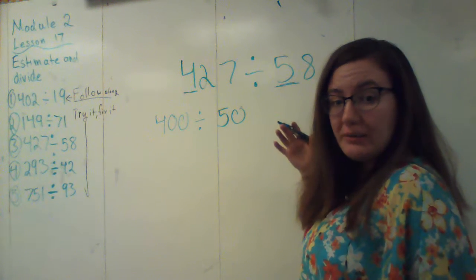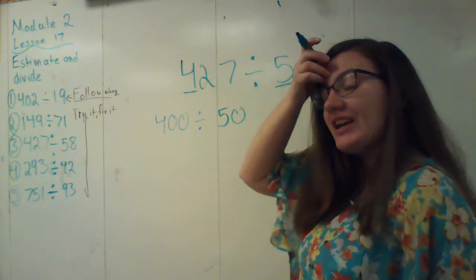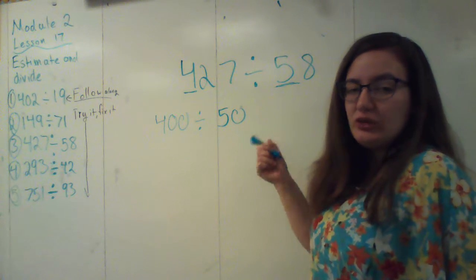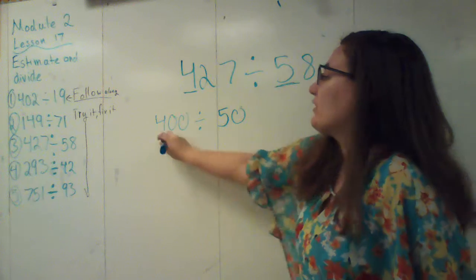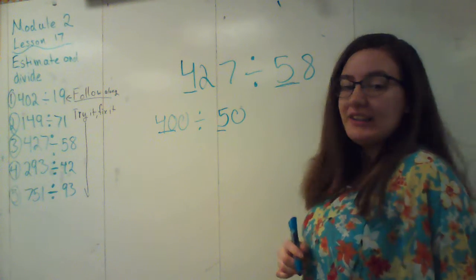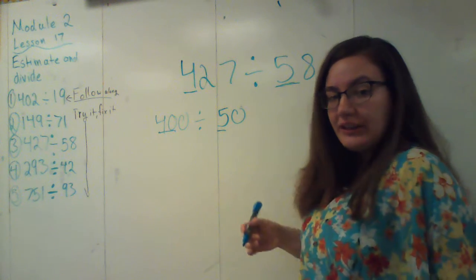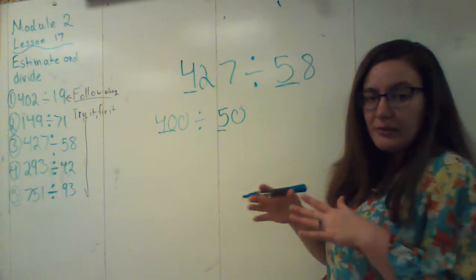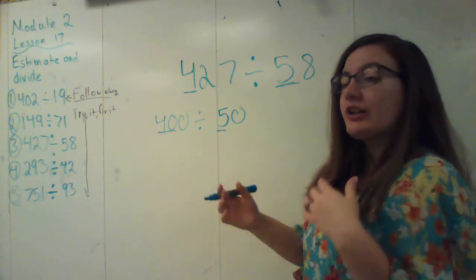Or 40 divided by 6? I wouldn't be able to do any of those things. So if you're ever estimating and you get numbers that don't really let you divide, then you need to rethink your answer because whatever estimates you got don't make sense. So it's a little bit of guess and check sometimes, but you'll get used to it.